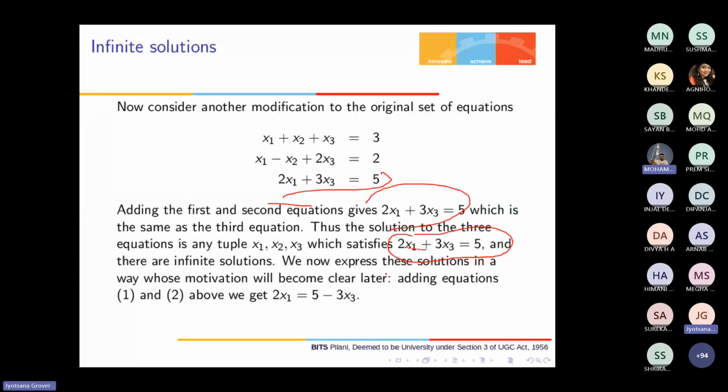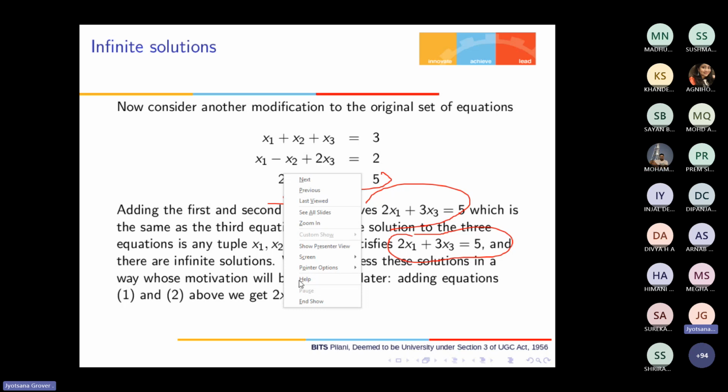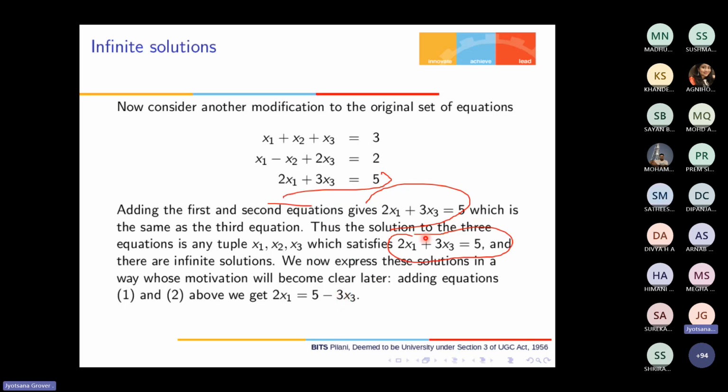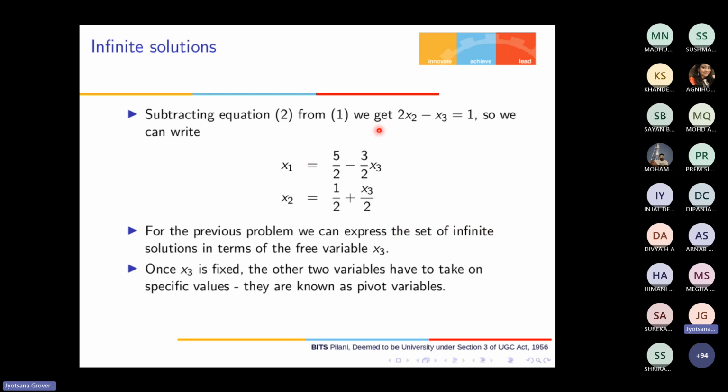You can say x1 is 1, x3 is 1 is a solution; there are many such values. So 2x1 is 5 minus 3x3. What do you get? x1 is in terms of x3.